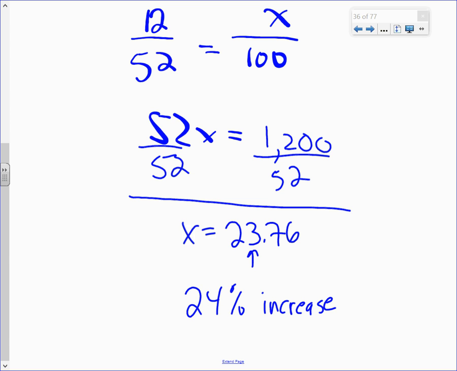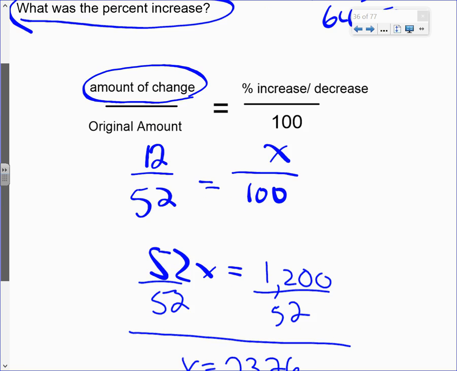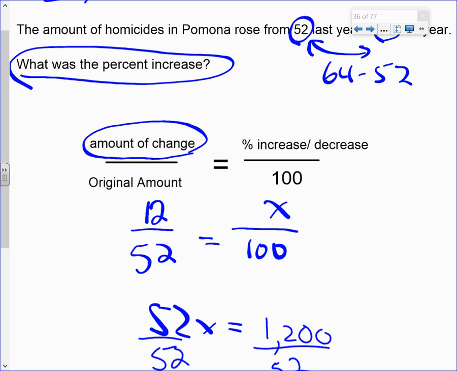Write down 24% increase. That was pretty easy. It's still the part-to-whole concept. It's just that the amount of change goes in the upper left, not the part, but how much it changed from the original amount to the new amount.